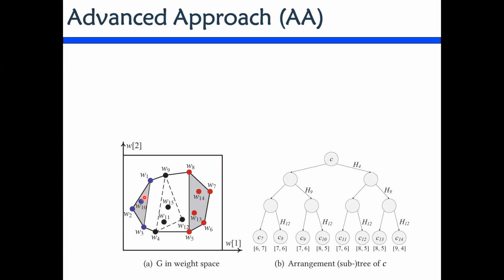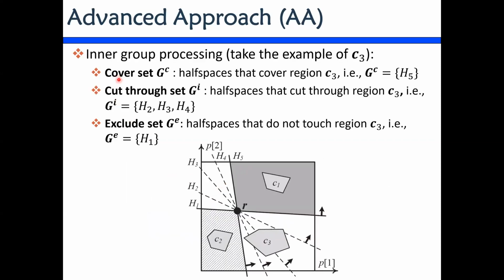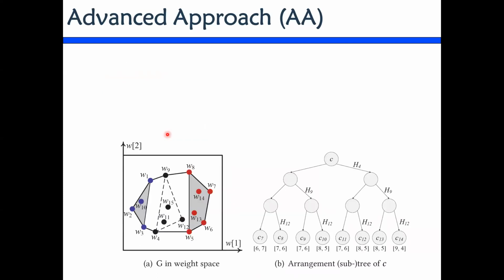This means, in a more formal way, that every user that is in the convex hull of these 3 is guaranteed to also be covered by any position within the specific cell. The same holds in the case where W8, W7, W6, and W5 do not completely touch on the cell, meaning completely exclude the specific cell. The same is bound to happen for W13 and W14. So this can help us do the classification that I explained in the previous slide into these 3 groups faster.